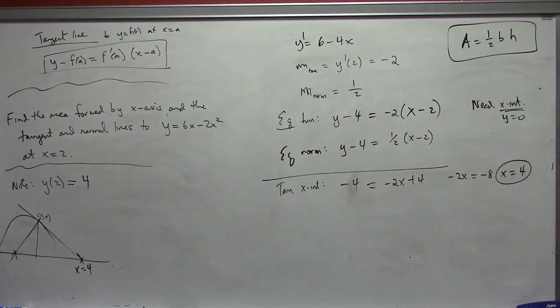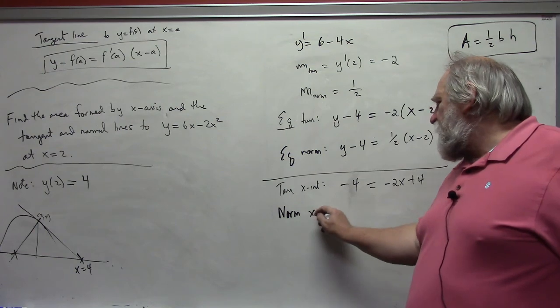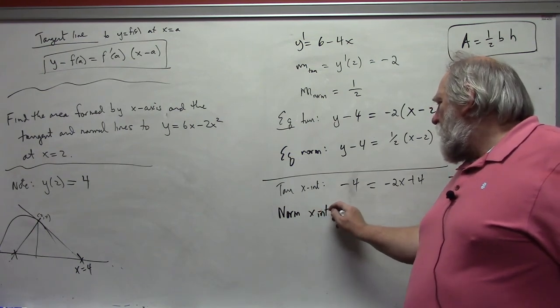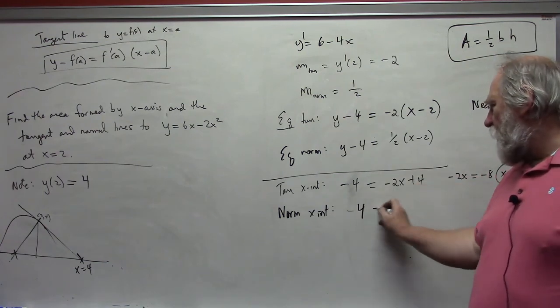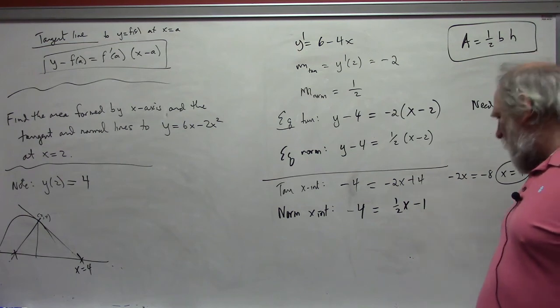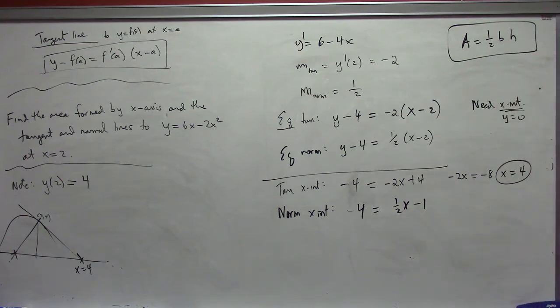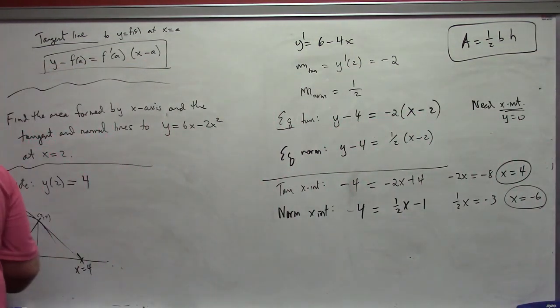And for the normal line, the x-intercept would be y is 0, negative 4 is equal to 1/2 x minus 1, or 1/2 x is equal to negative 3, so x equals negative 6. And so this value is when x equals negative 6.